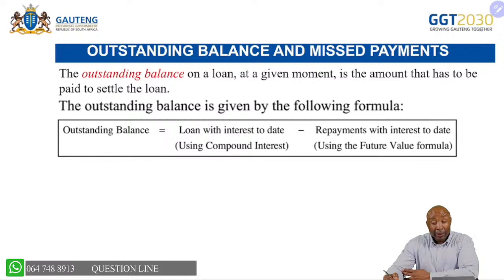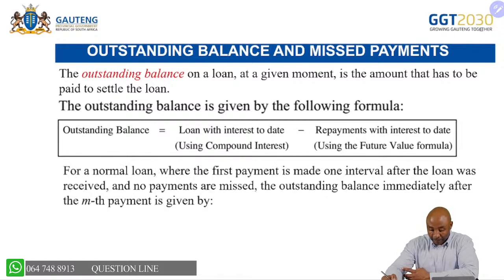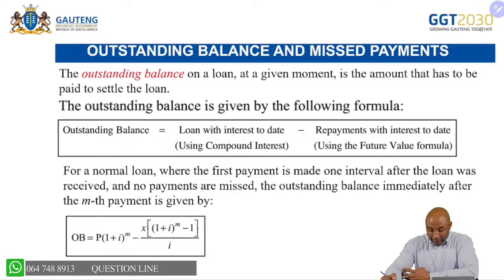You can use the formula where you compound grow the original loan amount and you subtract the future value of the payments that would have been made so far. The difference between the two will give us the outstanding balance. And the formula that you can use is given there. This is what we use for a normal loan.